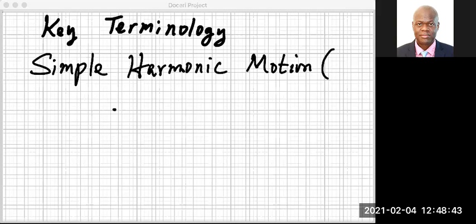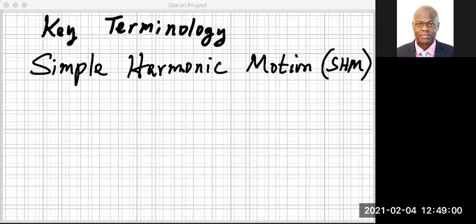This is abbreviated mostly in physics texts by the acronym SHM. So when you hear SHM in physics, it refers to simple harmonic motion.